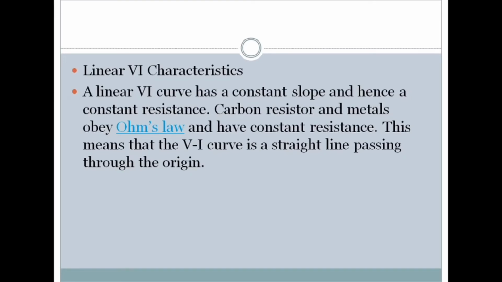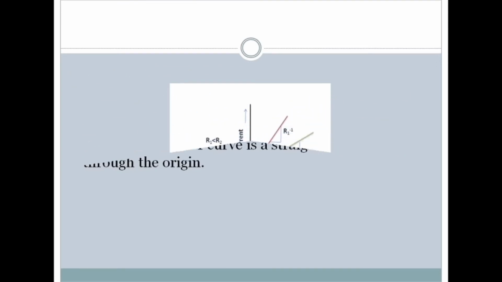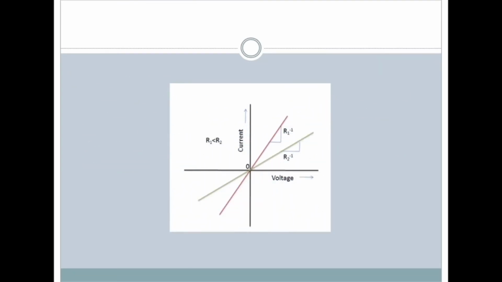This means the VI graph we draw will be a straight line passing through the origin. Here you have two straight lines passing through the origin. This is the graph between current and voltage. Just see the first quadrant only.